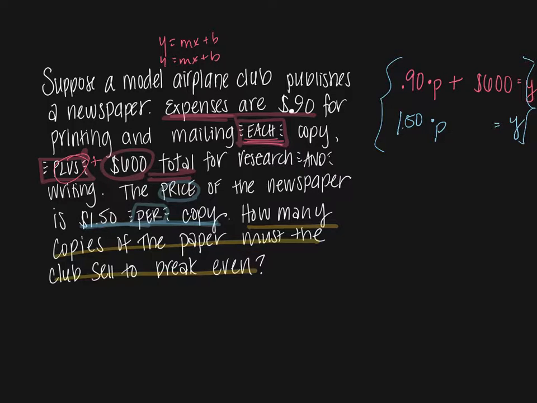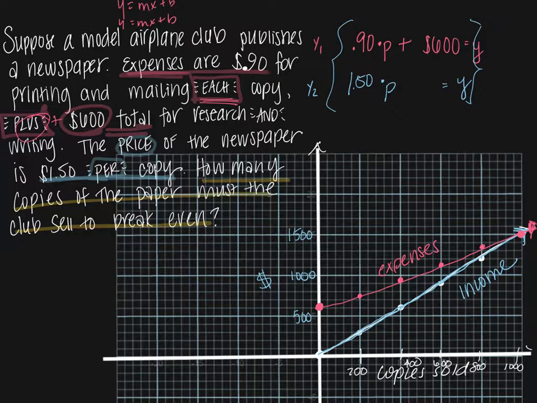So I want you to plug y1 into your calculator for y1, and plug y2 into your calculator for y2, and I want you to notice where they end up intersecting. Your graph is going to look something like this, where you have two different lines. You have one going with expenses and the other going with income. As you can see, if I publish just a single newspaper, I'm already spending $600.